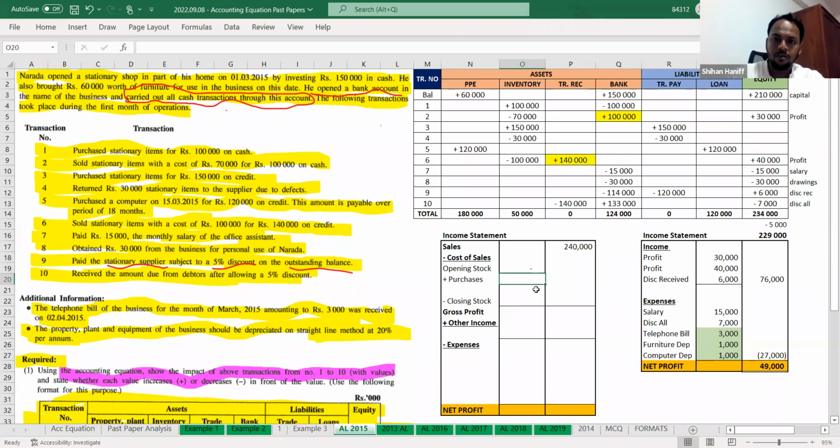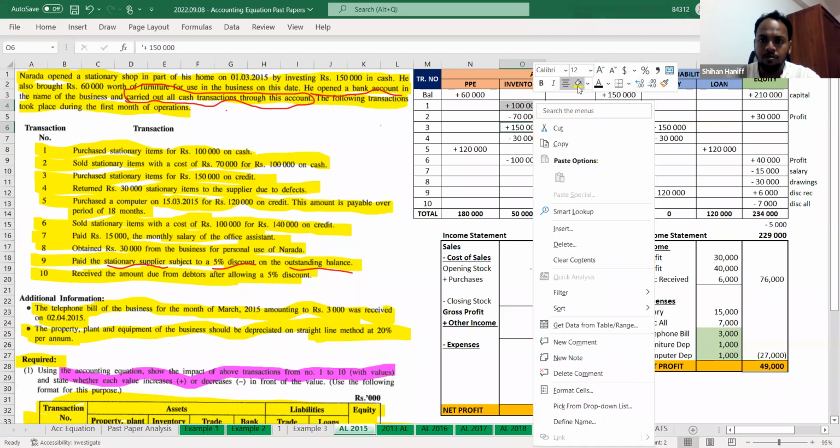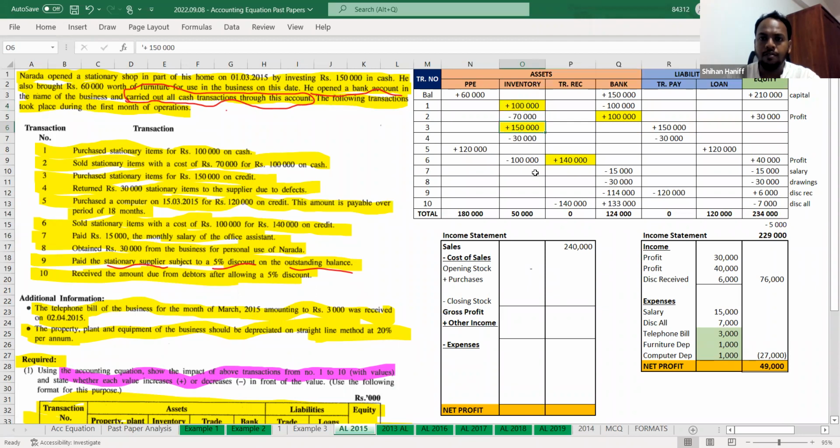Opening stock, there's nothing. No opening stock. Purchases 100,000 and 150,000, these two, 250,000. Then there was a return outward.